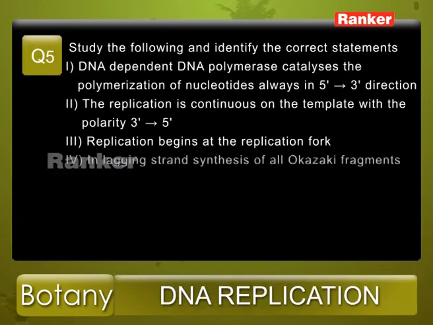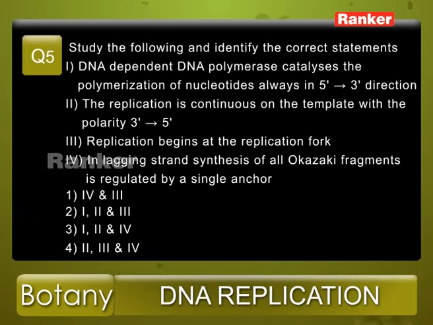Question number 5. Study the following and identify the correct statements. Statement 1. DNA dependent DNA polymerase catalyzes the polymerization of nucleotides always in 5 to 3 direction. Statement 2. The replication is continuous on the template with the polarity 5 to 3. Statement 3. Replication begins at the replication fork.